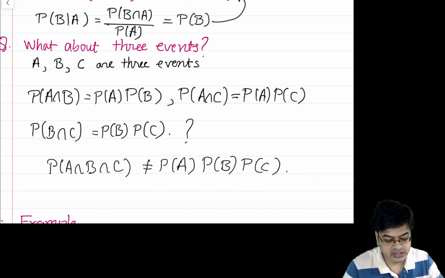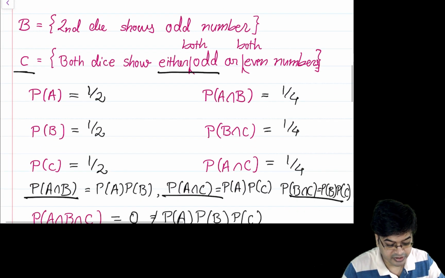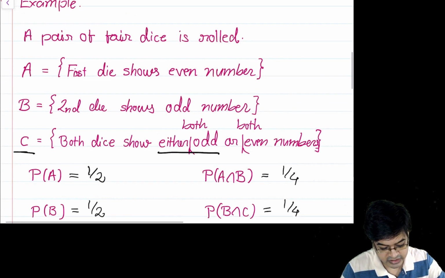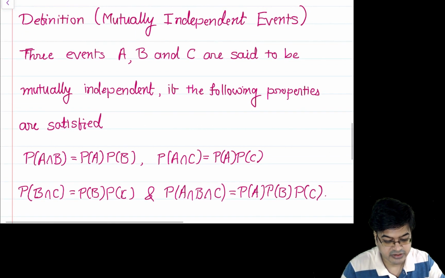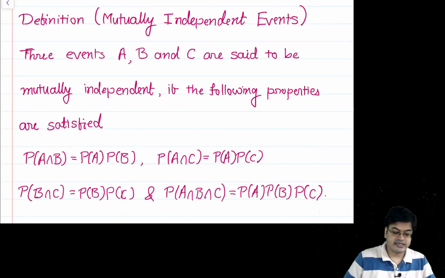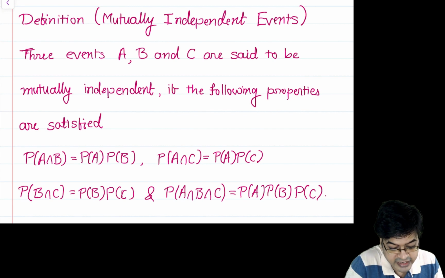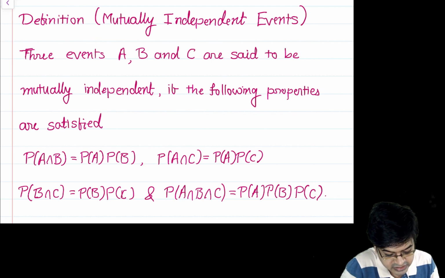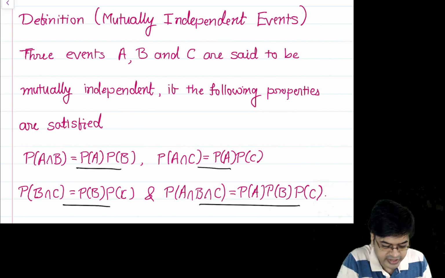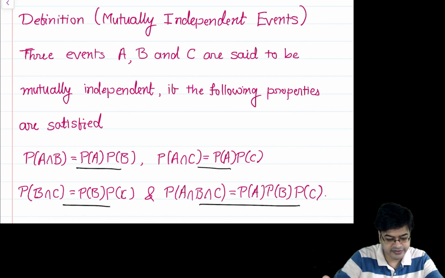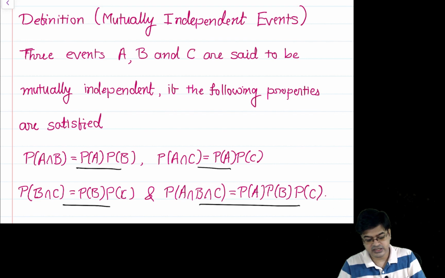So this brings us to our newer definition of independent events, that is mutually independent events. So what we will say is three events A, B and C are said to be mutually independent if the following properties are satisfied, that is they are pairwise independent, and finally when you take the entire collection of events, A intersection B intersection C, that is also independent.